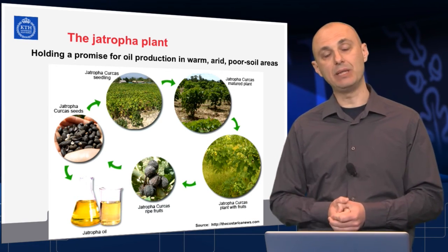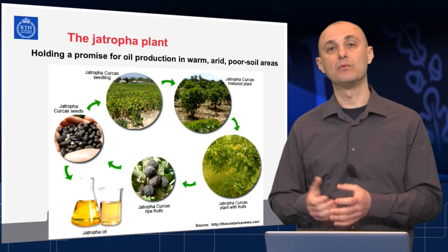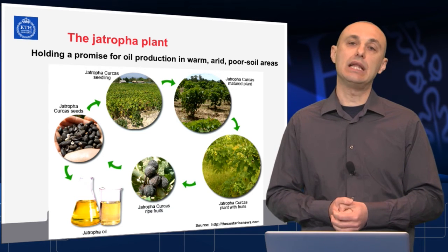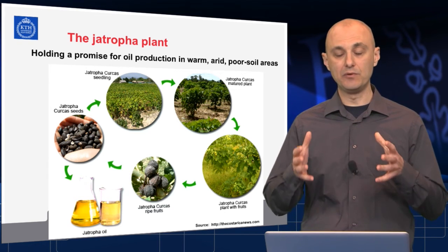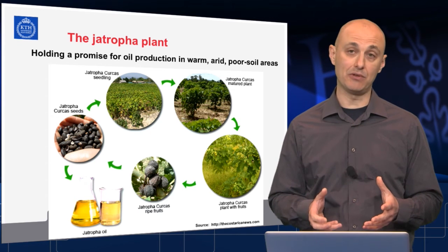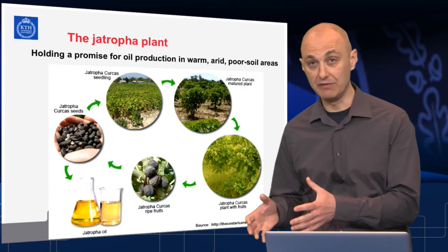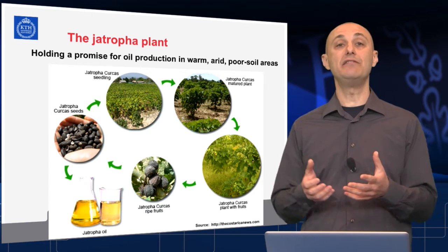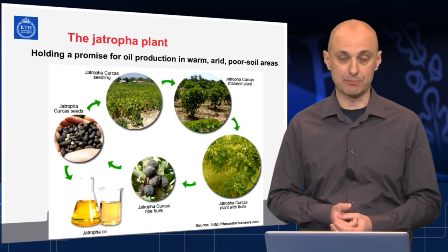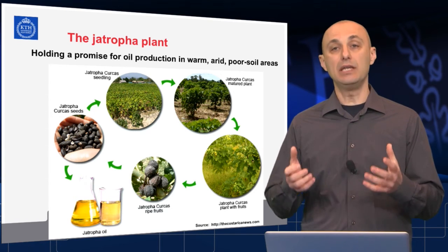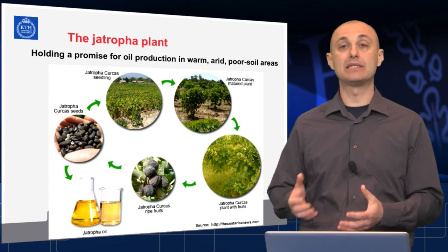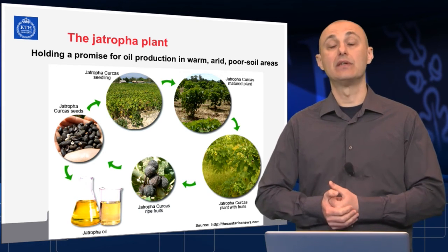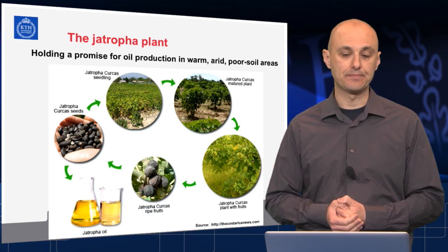If you think that a plant would grow without water, without fertilizer, just anywhere, alas, it's not true. If you would like to produce massive amounts of oil from jatropha, even if it survives several years in a row of drought, even if it can survive any other problem, it would not produce anything unless you irrigate it constantly, unless you fertilize it like any other cash crop.